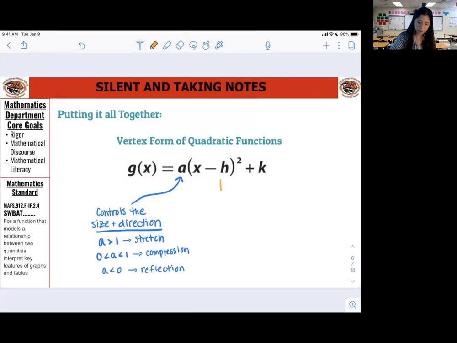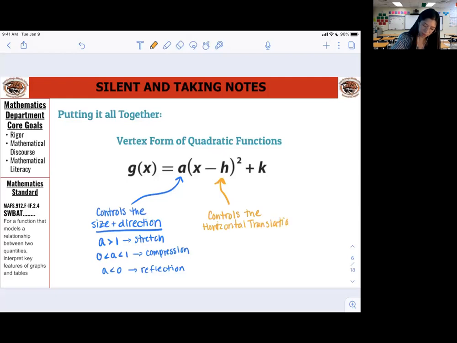What does H control? What does that number do? It goes to the right, or to the left. So H controls the horizontal translation.